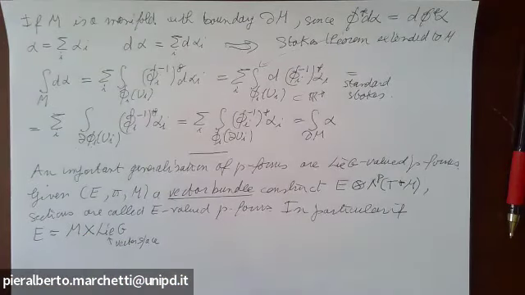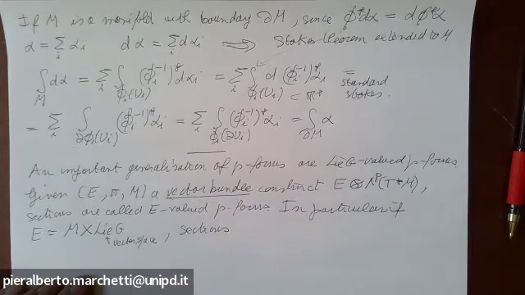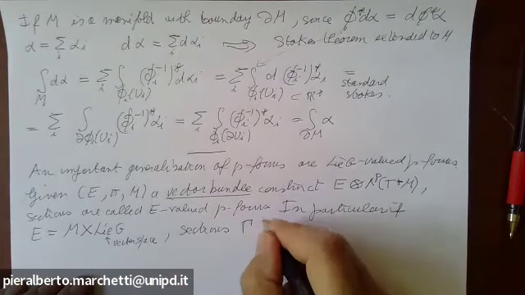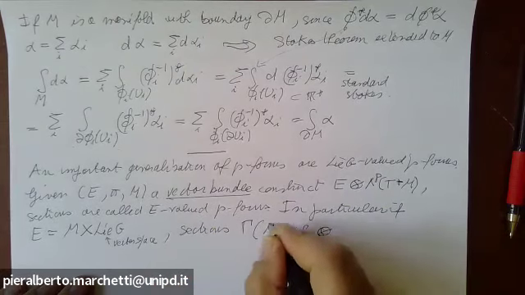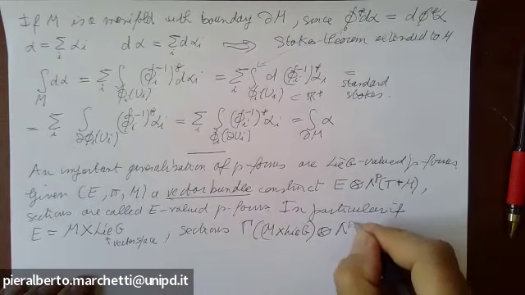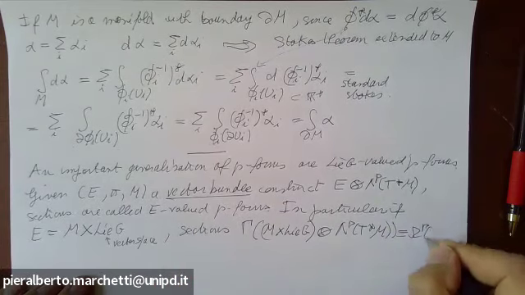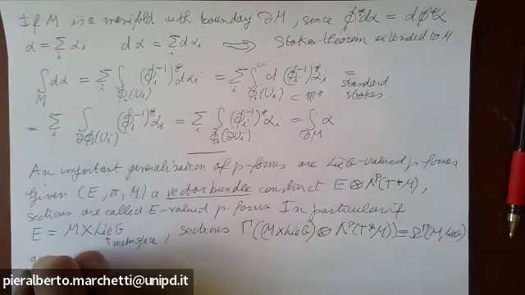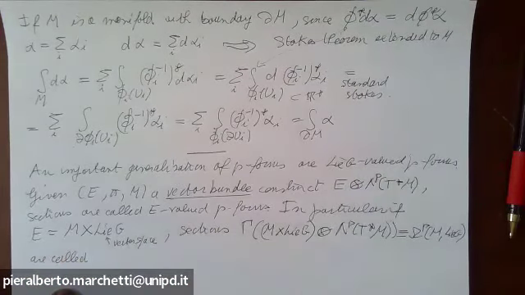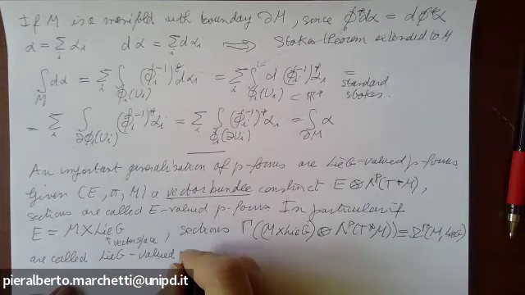So this is definitely the trivial bundle on Lie G from M. Then the sections, which we denote by Γ of M times Lie G, tensor product with Λ^P of T*M, which usually are denoted by Ω^P of M, Lie G, are called Lie G valued P forms.